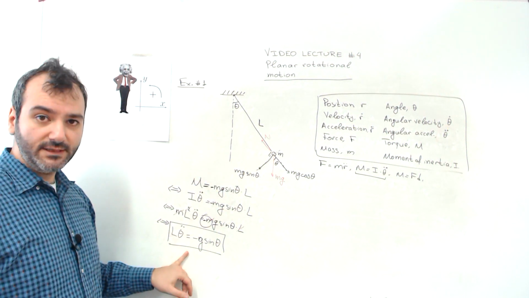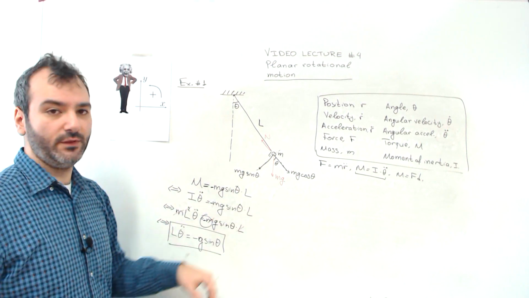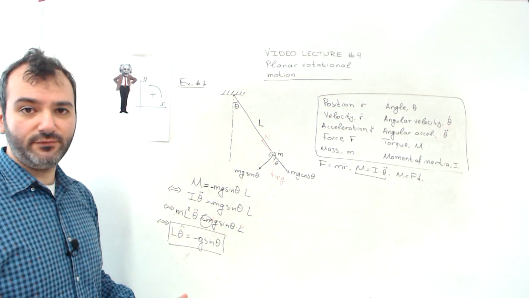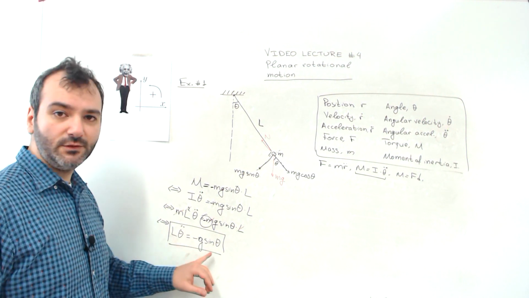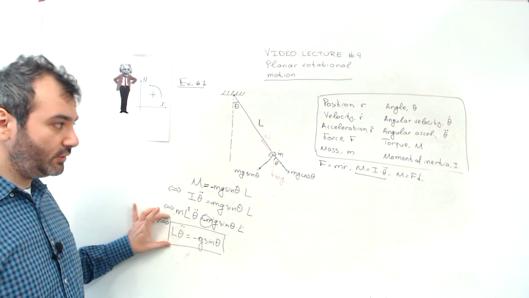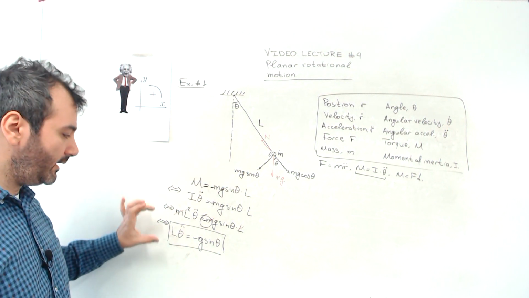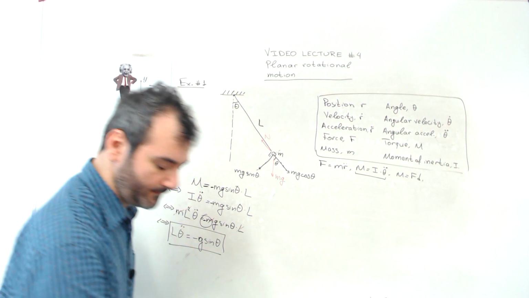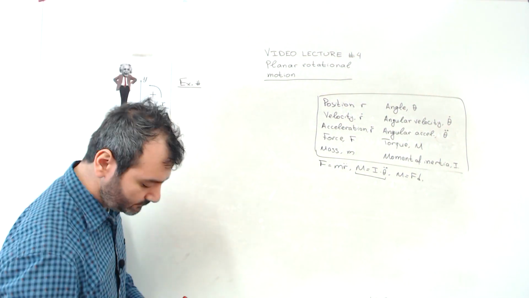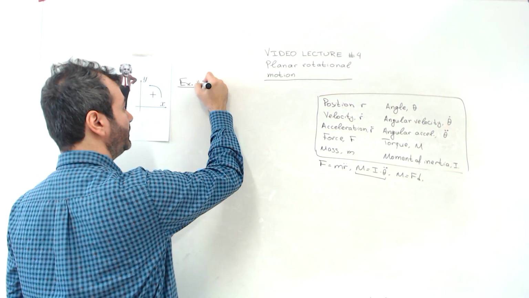We observe here that this doesn't depend on the mass of the object. So, for example, the frequency of this oscillation, or the period of this oscillation, is independent of the mass. All we need to know about this system is described by this very simple equation. So our job is done here. Another example, example number 2.